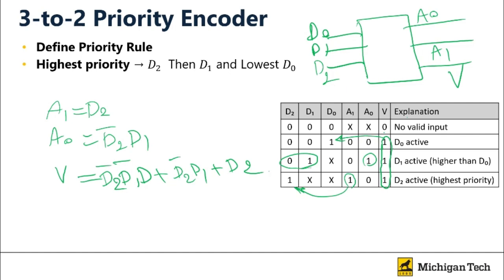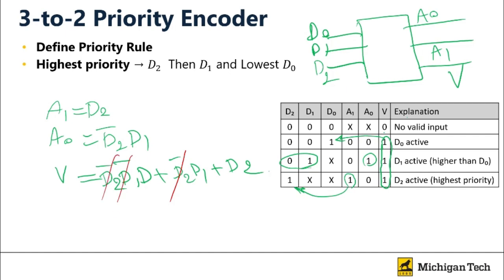But we can simplify some of them because we have D2 here and D2 bar here, so we can eliminate this. The same way we can eliminate this one and this one.